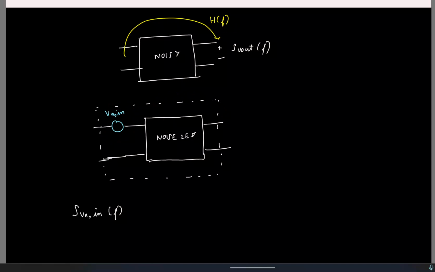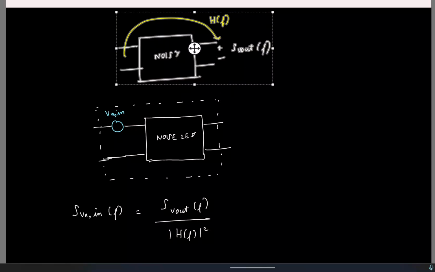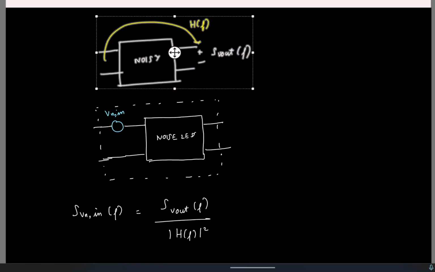So this basically is S Vout of f. What we are doing is, whatever noise we had at the output, we are referring it back to the input by dividing it by the appropriate gain. That's all.